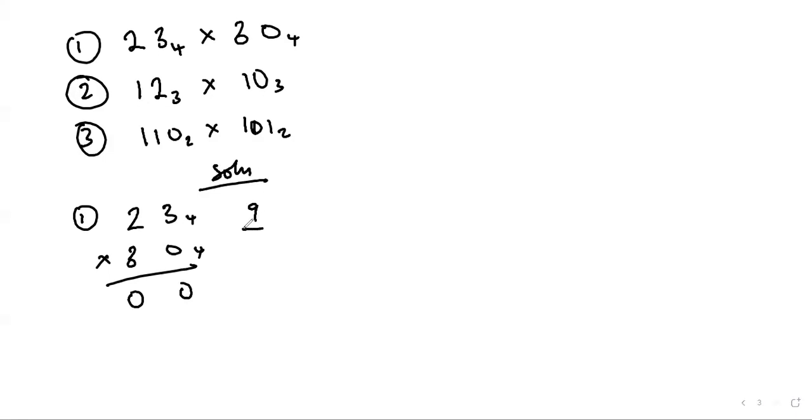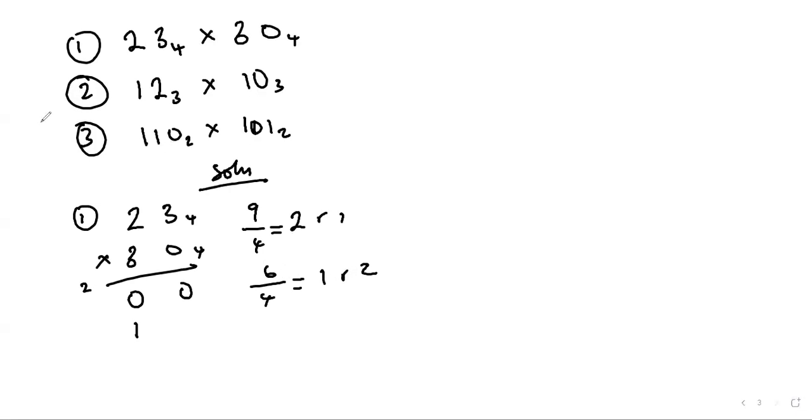That is more than the base, so you do 9 divided by 4, which gives you 2, remainder 1. 9 would go into 4 two times, and there will be a remainder of 1. So you write the remainder, which is 1, and carry 2.